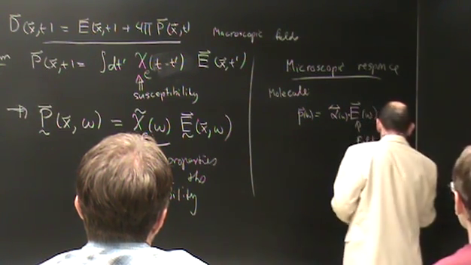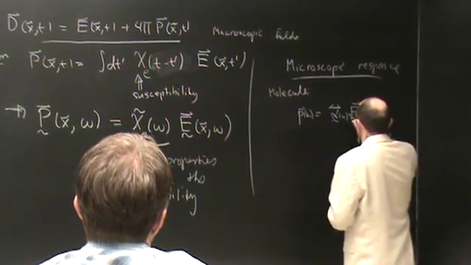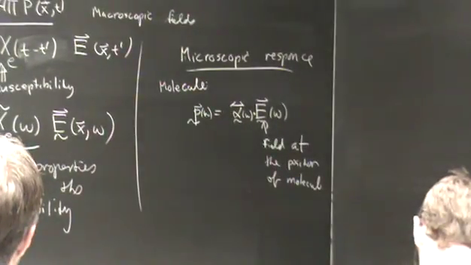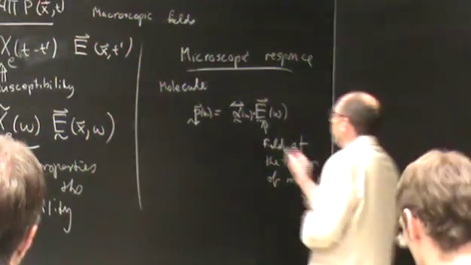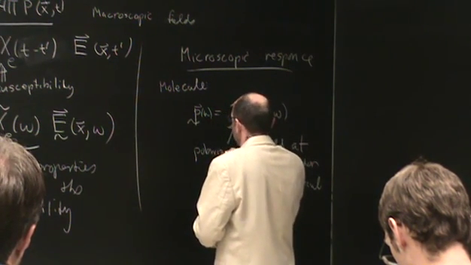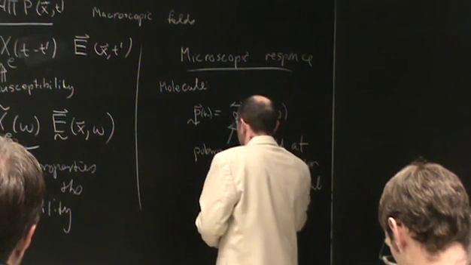Okay. And so these are generally complex quantities. And this object is known as the polarizability tensor.